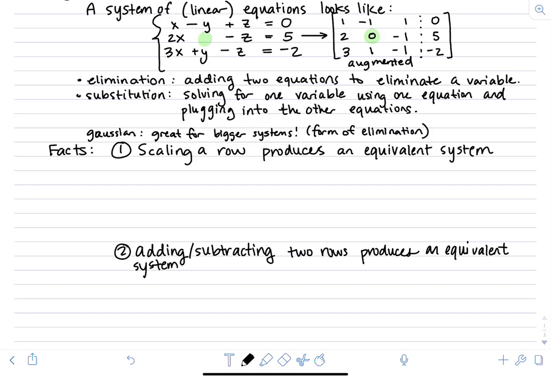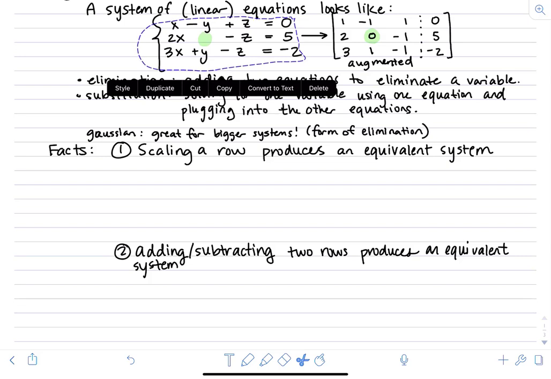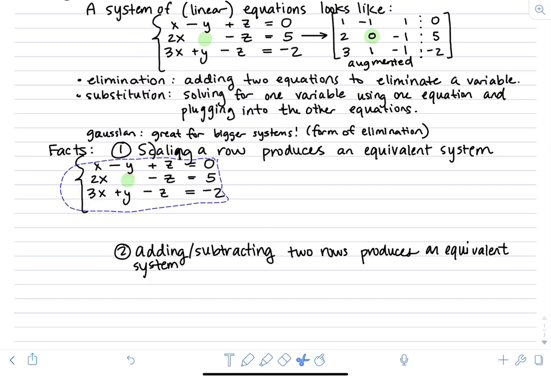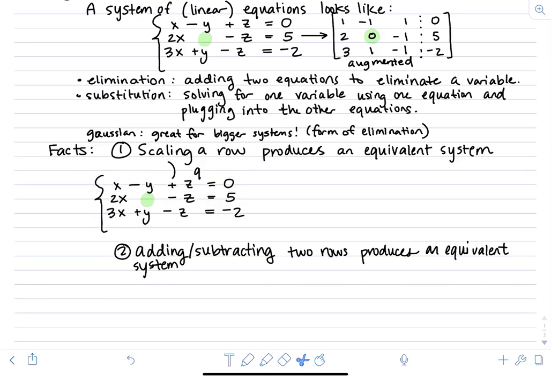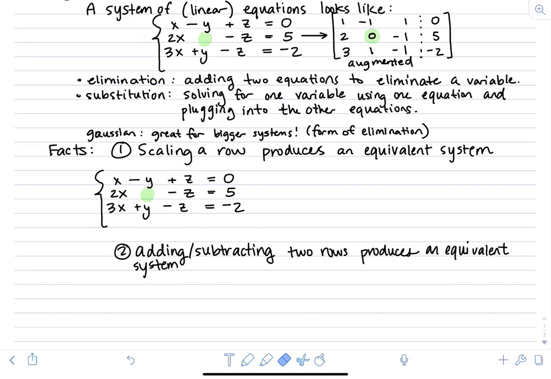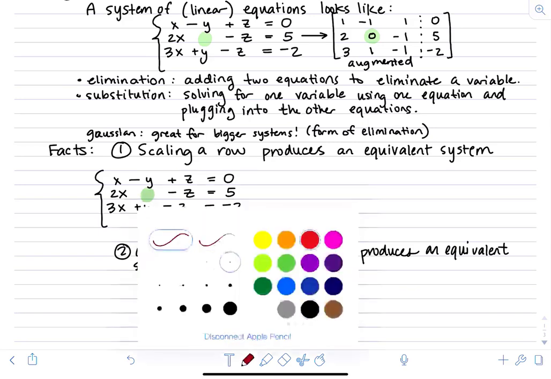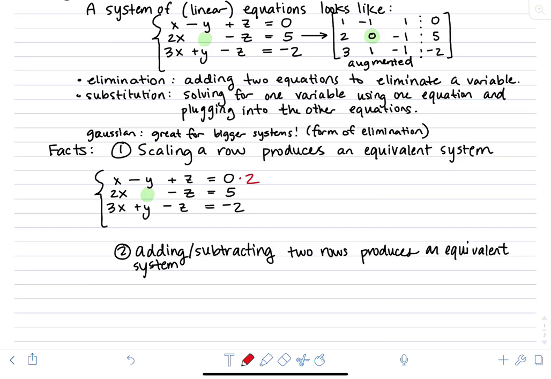So for instance, let's take my original system here. Okay, so there's my system. Okay, and let's say that I scaled up row 1. The way that we would write doing that is we'd put something like what we're multiplying by. So I'm going to multiply my whole top equation by 2.